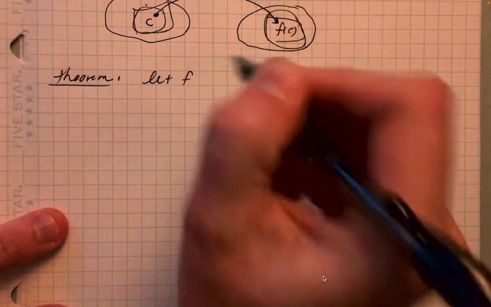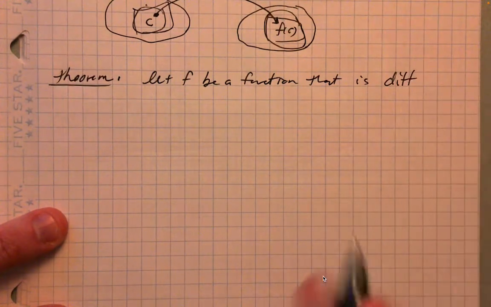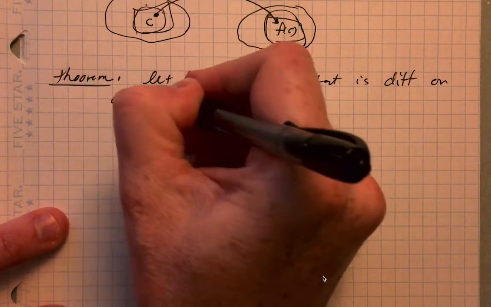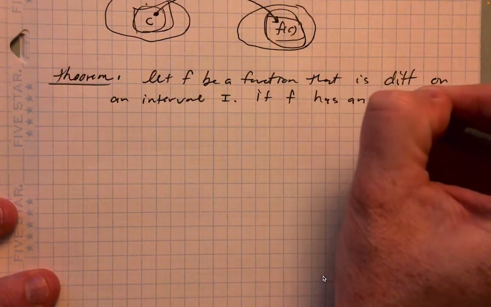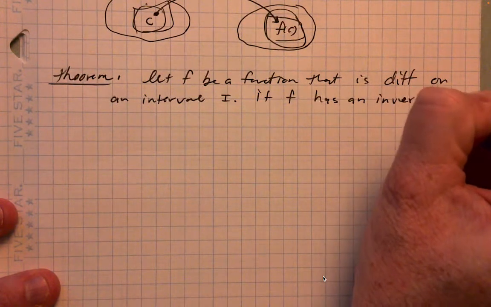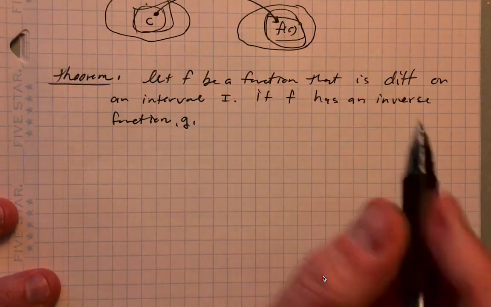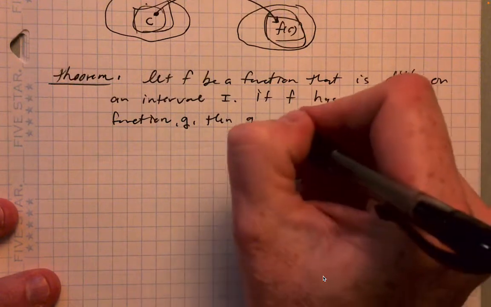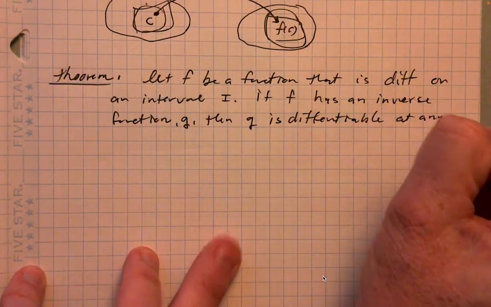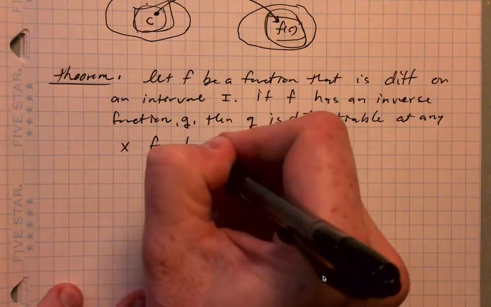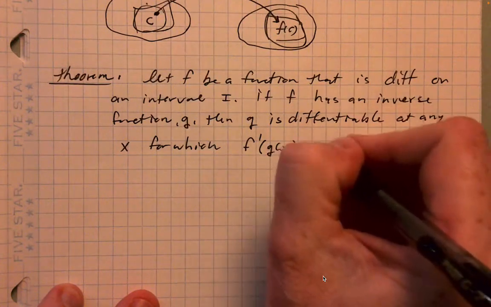So let f be a function that is differentiable on an interval I. Now, if f has an inverse function, we'll just call it g, then g is differentiable at any x for which f prime of g of x is non-zero.